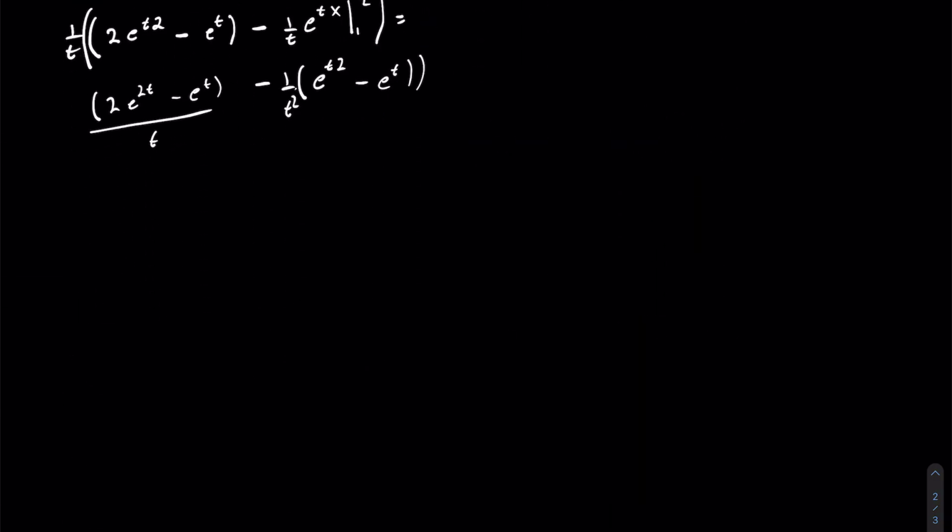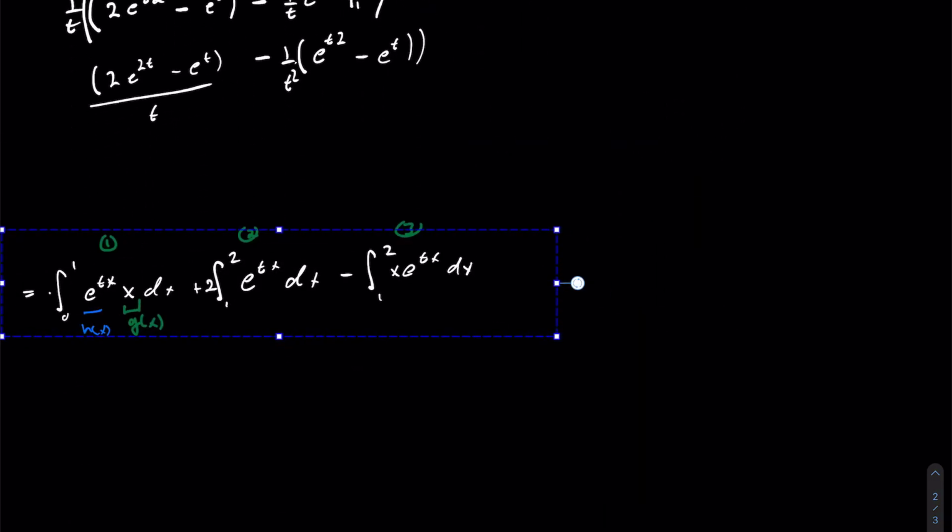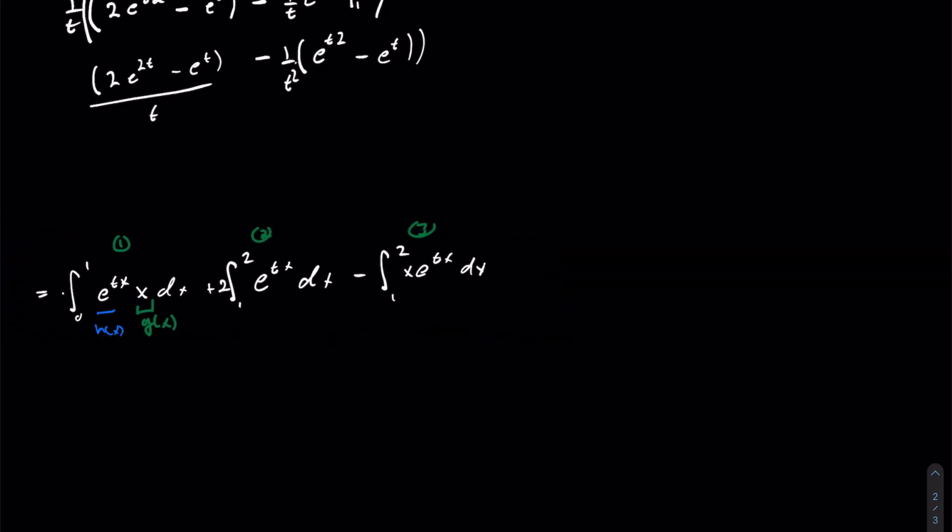We're going to now evaluate this whole thing, and this piece here is the one that I haven't done, and that is basically 2 evaluated e to the t x, e to the 1t, 1 to 2, which is 2t e to the 2t minus e to the t.